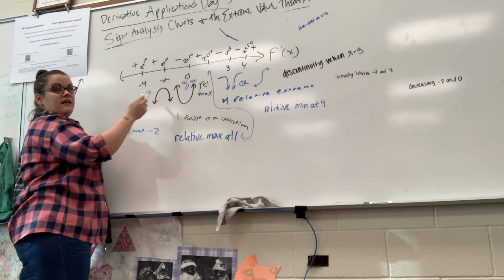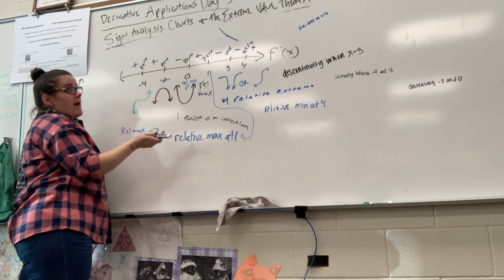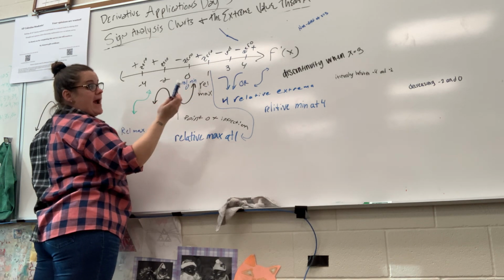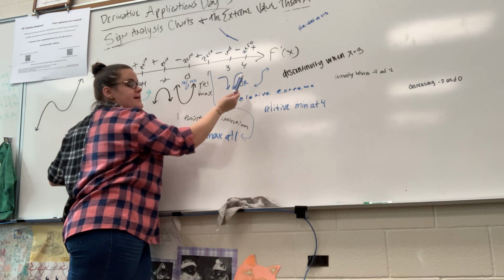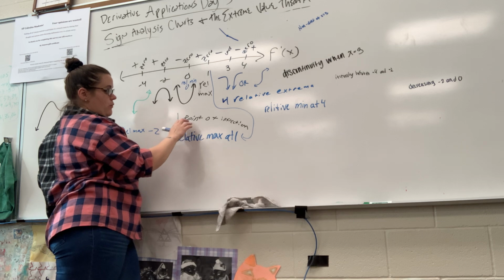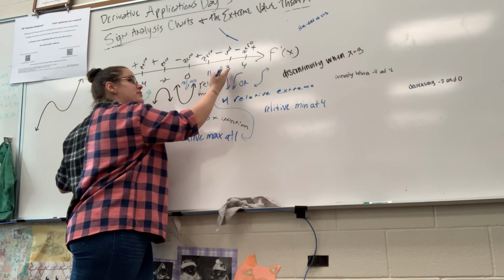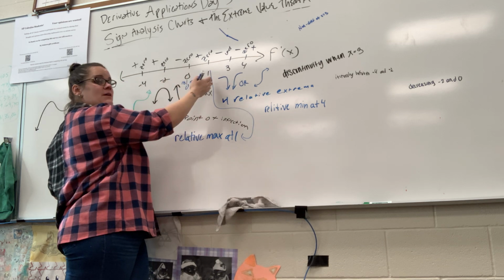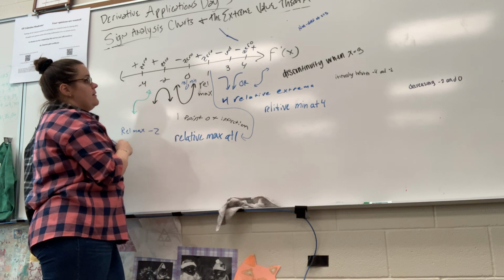Where? At -4. But also something at 3. It might be 1 at 3, depending on if it's continuous or not. So we don't know. That's the whole point. So we know it has at least 1 at -4. It might have another at 3, and it might have another somewhere else in here. We don't know. But we know it does have at least 1, okay?